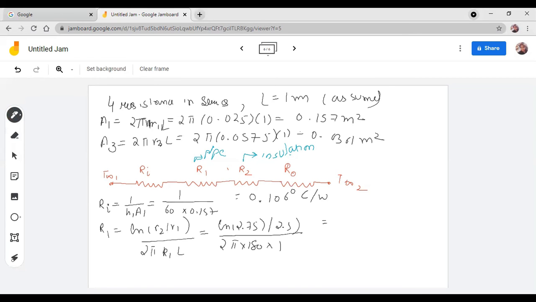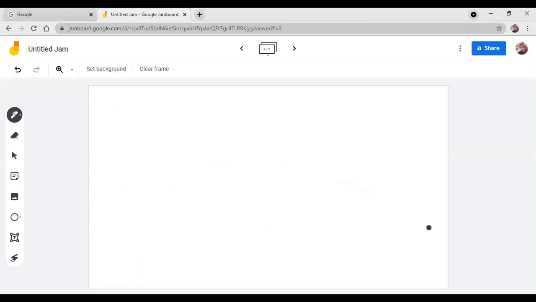So this will be equal to 0.002 degrees centigrade per watt, and similarly R2 will be equal to ln of R3 by R2 upon 2 pi K2 L. We'll put down the values from the question and it will come out to be 2.35 degrees centigrade per watt.